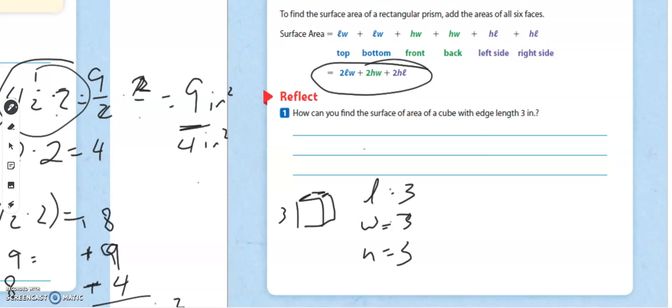you could say 2 times 3 times 3 plus 2 times 3 times 3 plus 2 times 3 times 3.